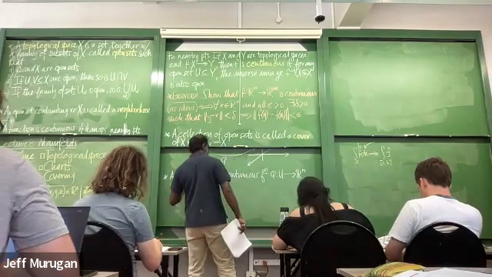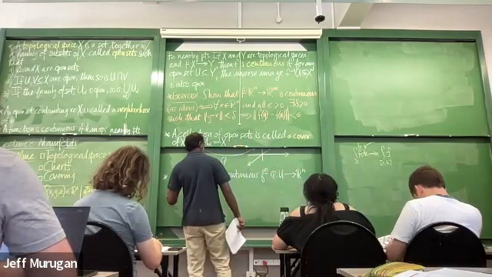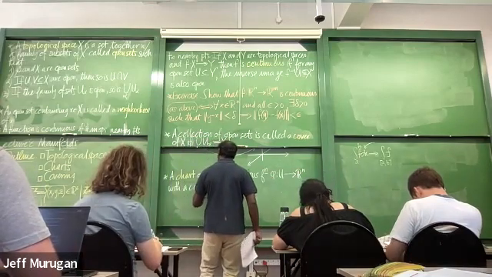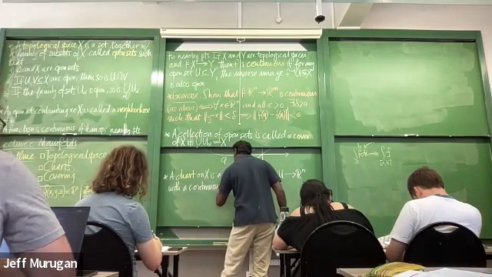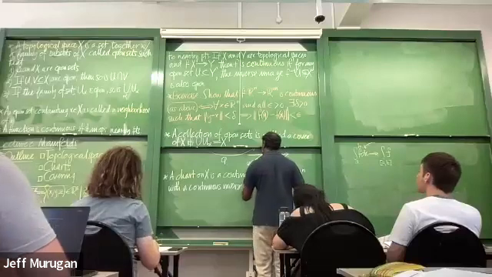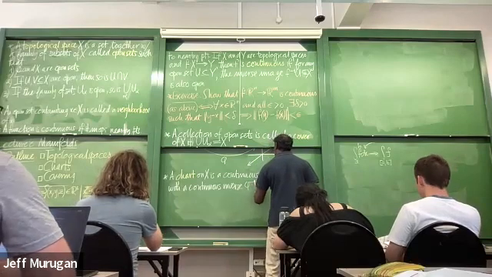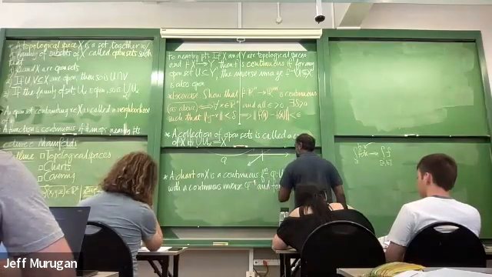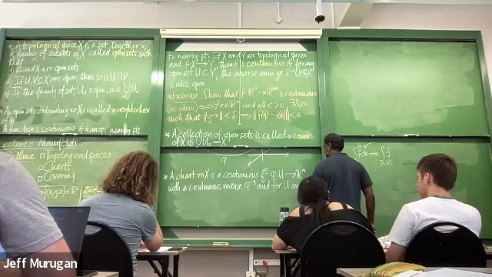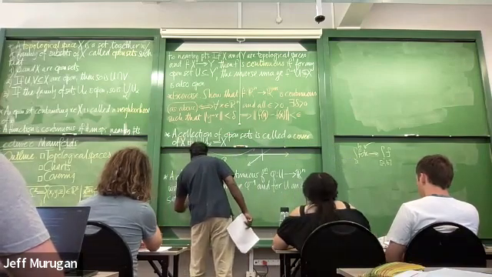The key point here is that phi is a continuous function with a continuous inverse, denoted by phi inverse, and for U an open set in X.